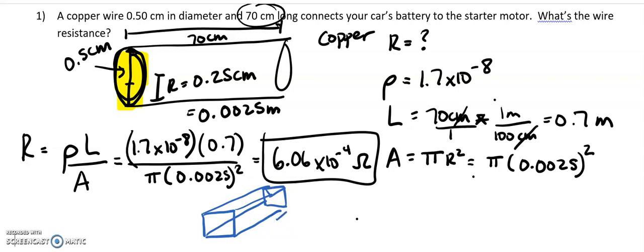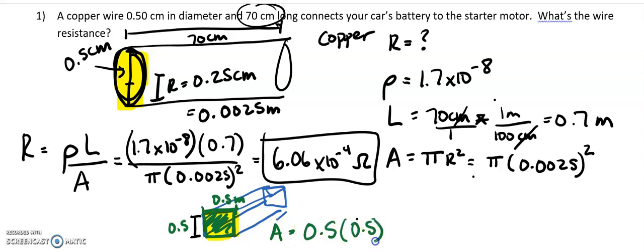And when we're finding the area of a different shape, let's say the sides are 0.5, and let's say it's a square shape, 0.5. So the area in this case is not a circle, but a square, so the area would just be 0.5 times 0.5. And we use that in our area. Not in this case, but let's say it was a different kind of shape.